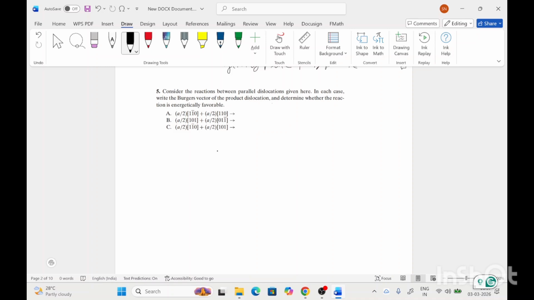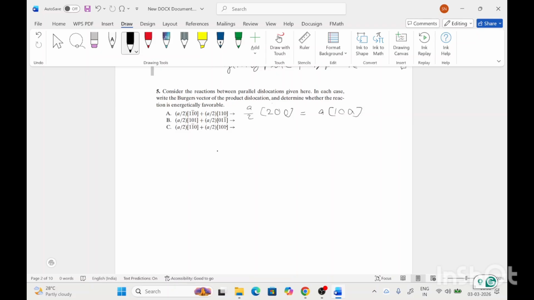So a/2 is common, a/2 [1 1 2] plus [-1 1 0] gives [0 0], so we can write it as a[1 0 0].